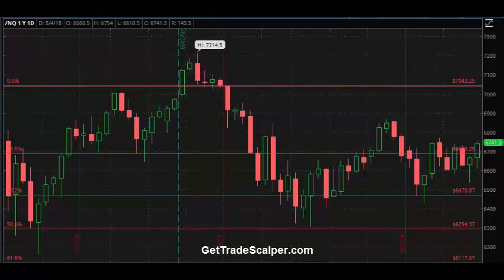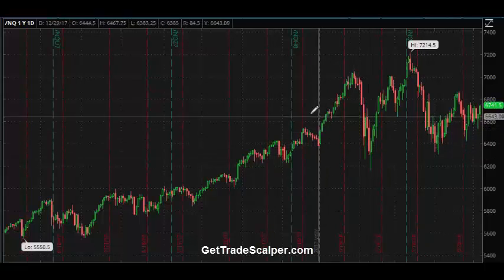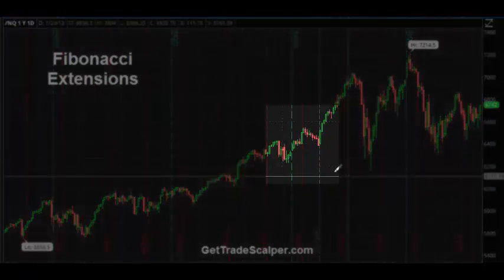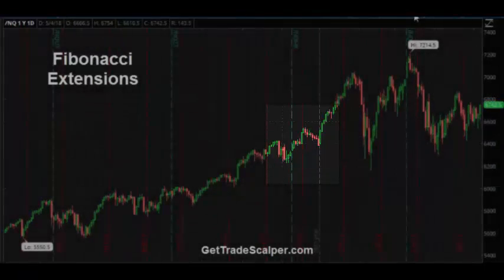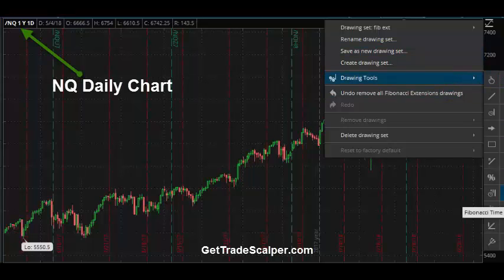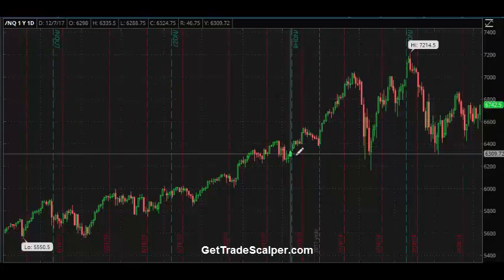Now, next I'm going to pull up the Fibonacci extension tool, so just bear with me for a second. I'll be right back. Alright, so I am back, and we're going to concentrate on this area right in here. And so let's go ahead and deploy our Fibonacci extension tool. Where is it? There it is right there.